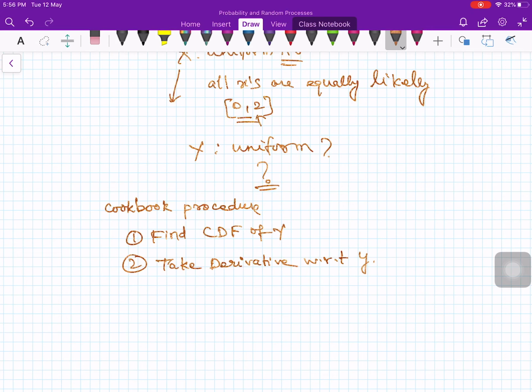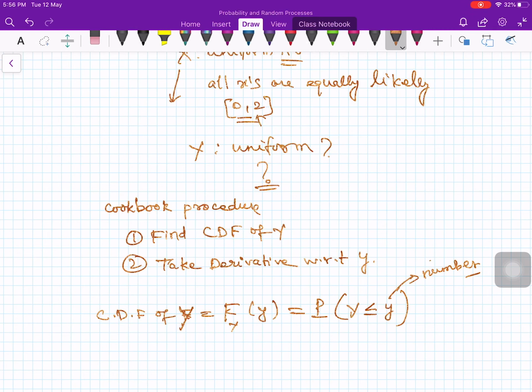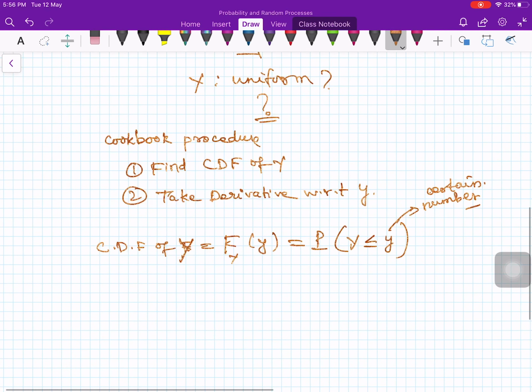The CDF of y is denoted by F_Y of y. By definition, this is the probability that the random variable y takes a value less than or equal to a certain number, small y. This is a number, some value, and this is what we need to find out.